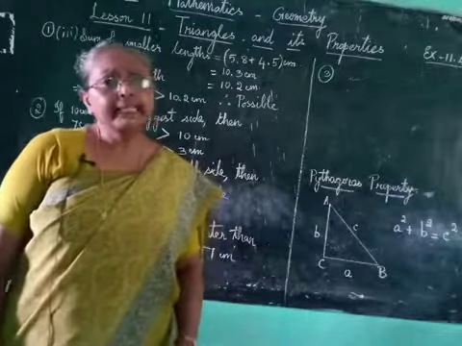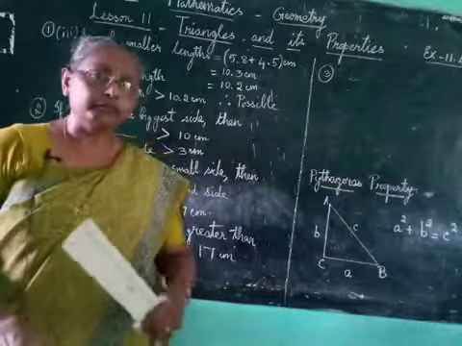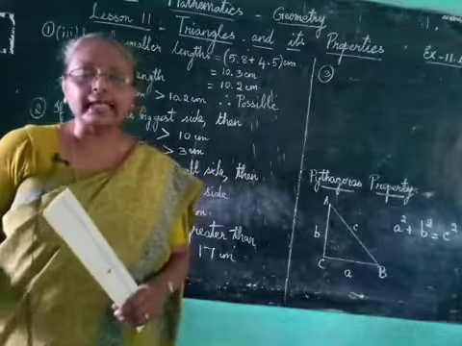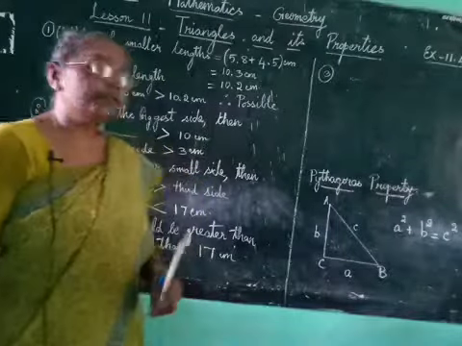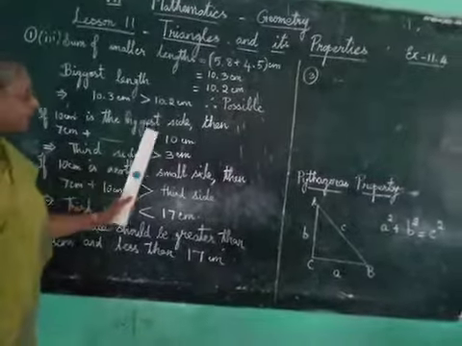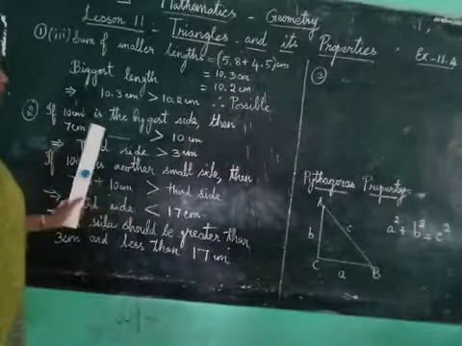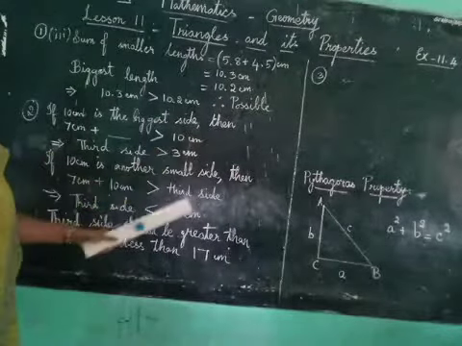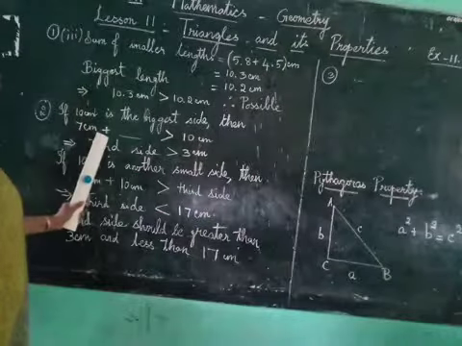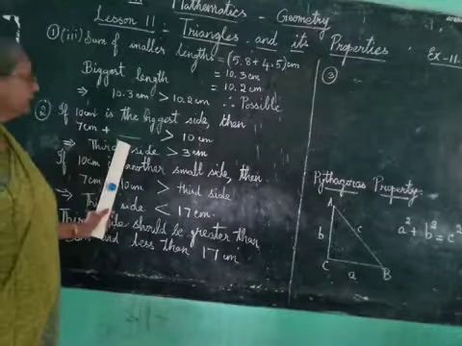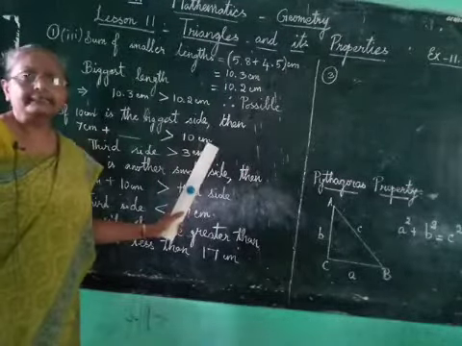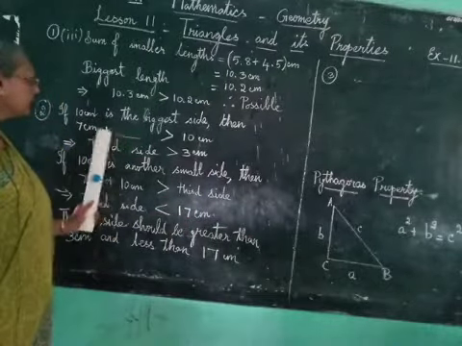Now we can say we have two possibilities. In the first one, if 10 centimeter is the biggest side, then 7 centimeter plus the other smaller side will be greater than 10 centimeter.